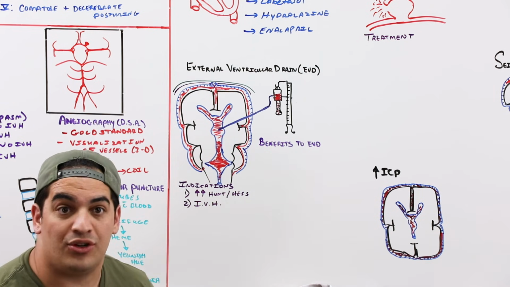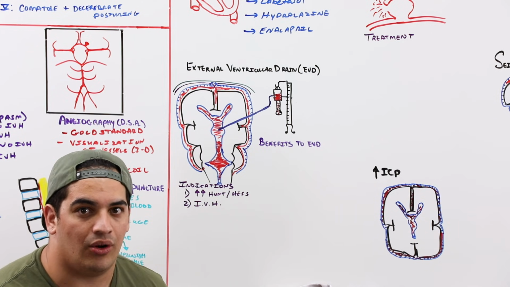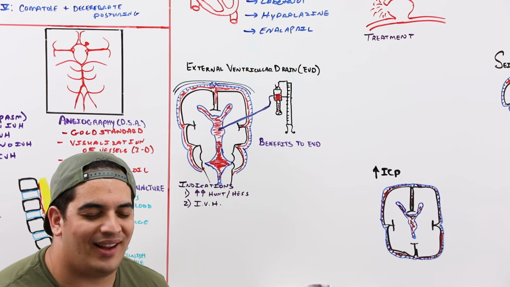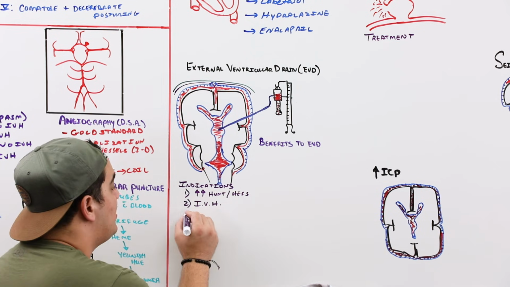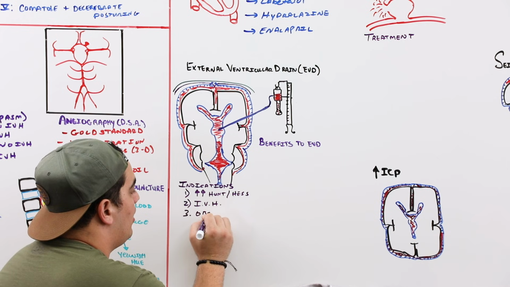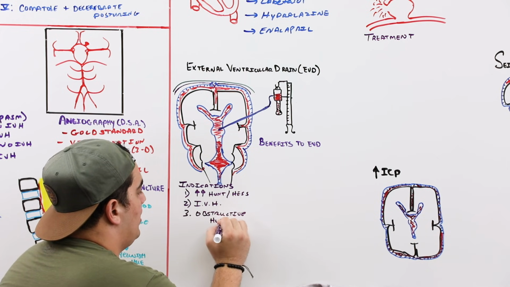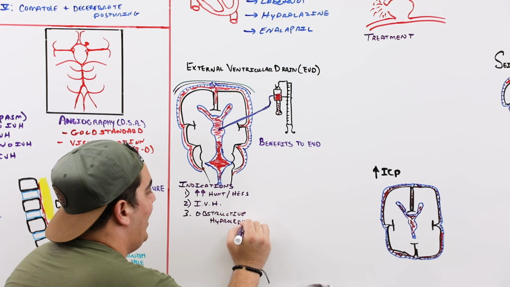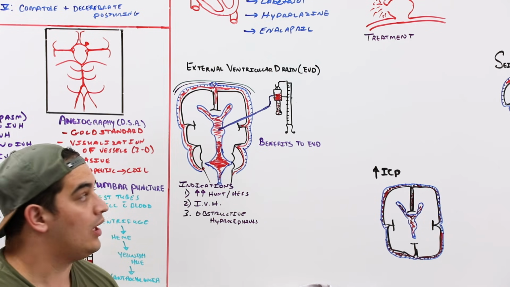If they have blood in their ventricles, that's a problem. Why is that a problem? What can IVH lead to? Remember what I told you? If the blood gets stuck in the ventricles, can the CSF continue to flow? No. And so what's an issue with that? Obstructive hydrocephalus. And so these are potential indications for someone needing an EVD, okay?